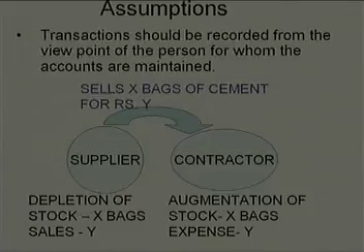In the example, I have assumed that a supplier sells X bags of cement for rupees Y to the contractor. So, there are two entities involved here. One is the supplier, another is the contractor. Now, the supplier is selling cement to the contractor.